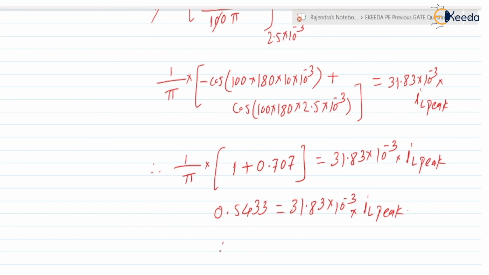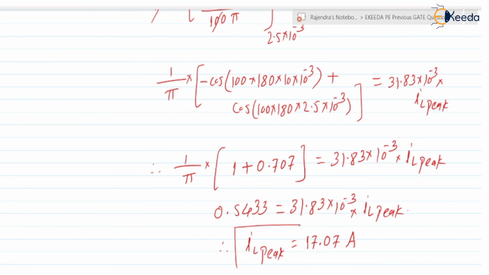Therefore IL peak is equal to 0.5433 divided by 31.83 into 10 to the power minus 3, which is 17.07 ampere.